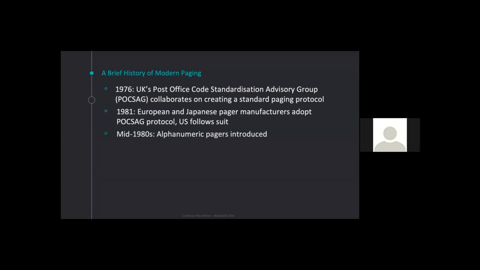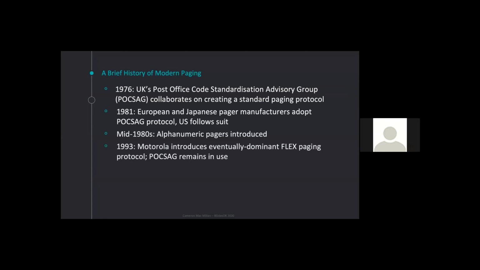In the mid-1980s, there was a big change here. Alphanumeric pagers were introduced. Up to this point, pagers could only do two things: beep or buzz, or display a numeric message. Now they can also display text, so you're getting closer to a device that has SMS-like capabilities, although they're only one way.